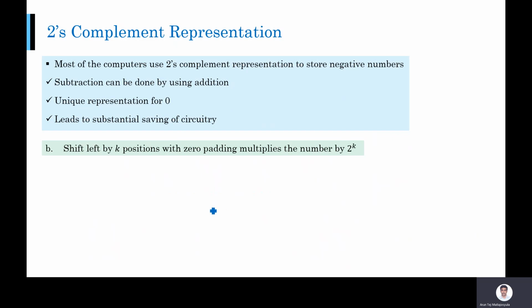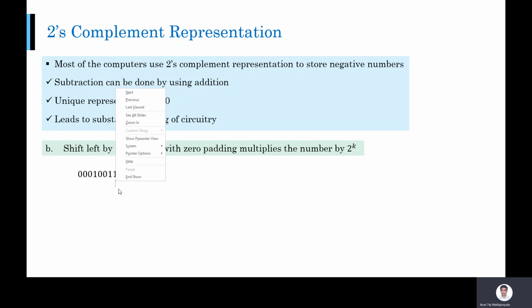Okay. Then let us look at one more property. If you shift left by k position with 0 padding, then you can multiply the number by 2 power k. Right? What do I mean by this? Let us take this number. Okay. Its value is plus 19. How do I get this? These are all zeros, no problem.